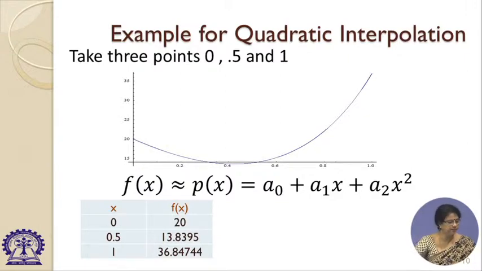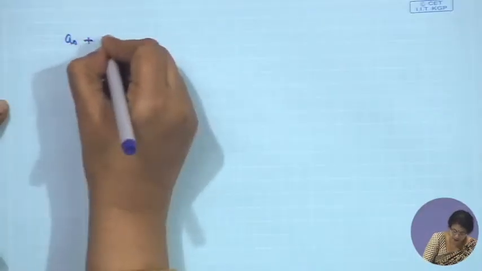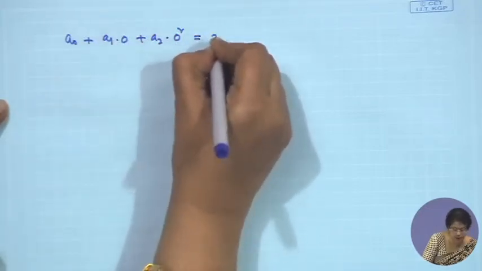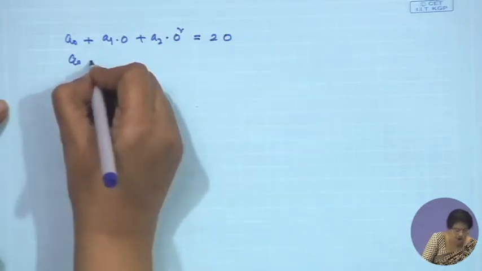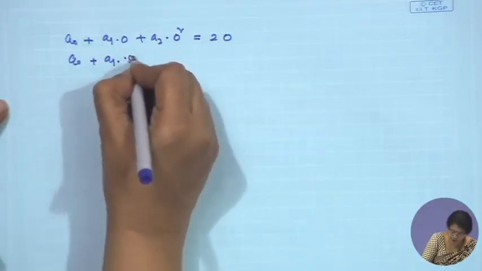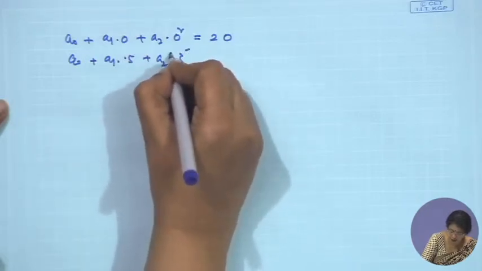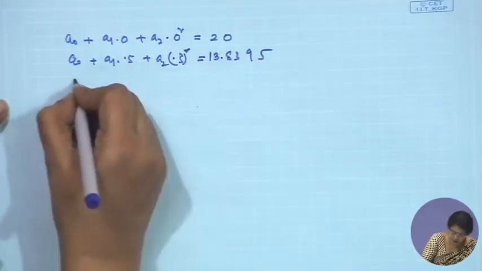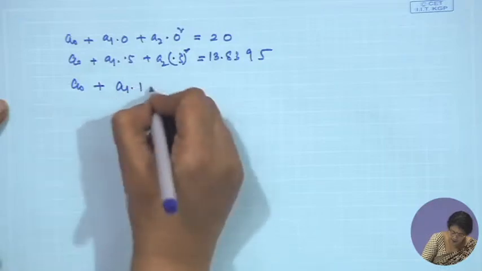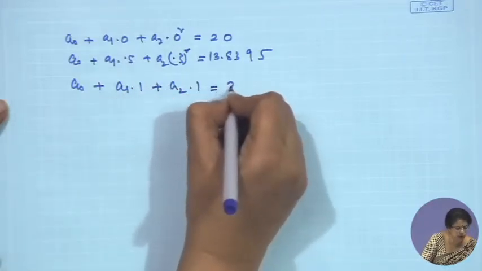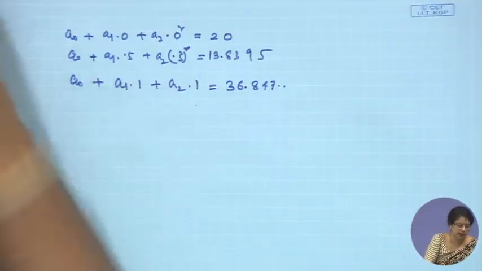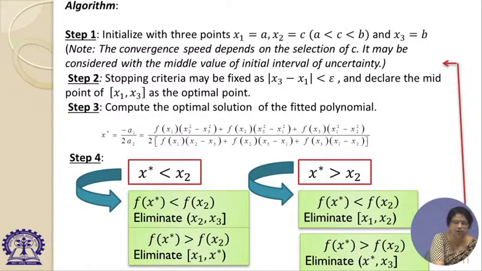Certainly it will be A0 plus A1 into 0 plus A2 into 0 square is equal to 20, and A0 plus A1 into 0.5 plus A2 into 0.5 square is equal to 13.8395, A0 plus A1 into 1 plus A2 into 1 is equal to 36.847, etc. With these 3 equations and 3 unknowns, we will get values for A0, A1, A2.